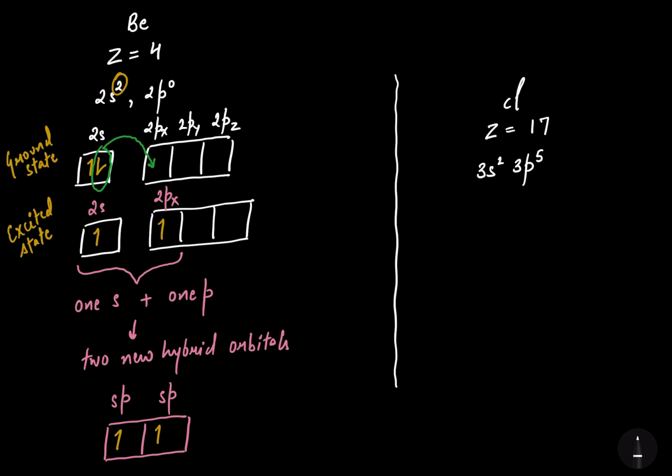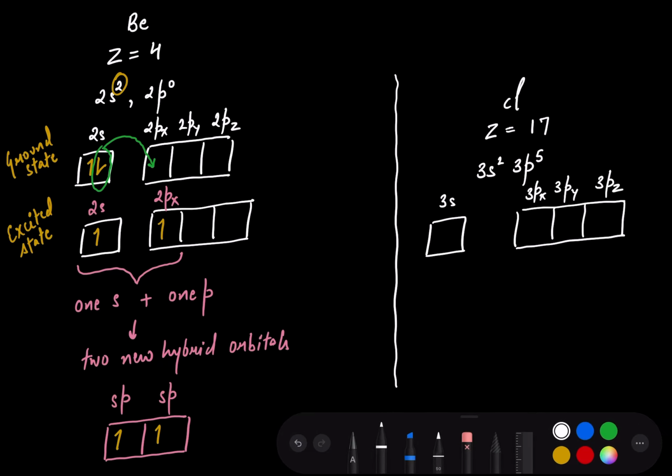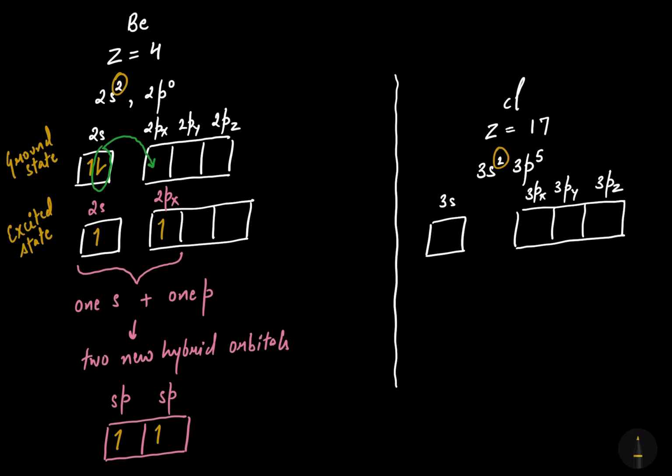So let's make the orbital diagram in the form of boxes. That's 3s, that's 3px, that's 3py, and that's 3pz. Now here we are having two electrons in the 3s, so that's the first electron and the second electron.